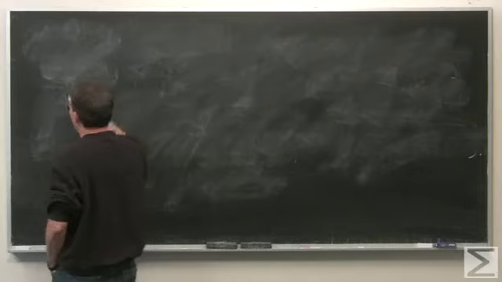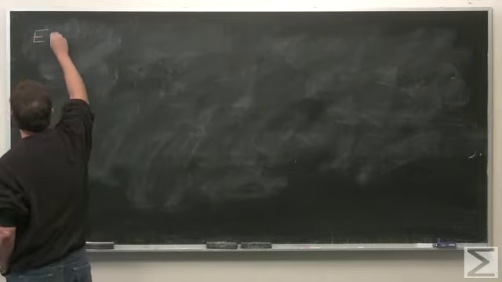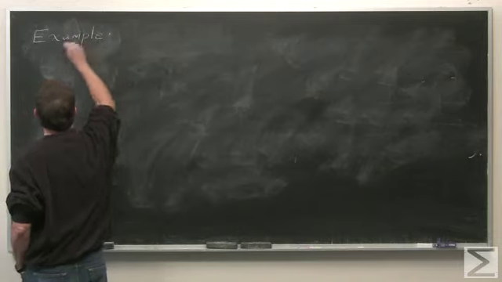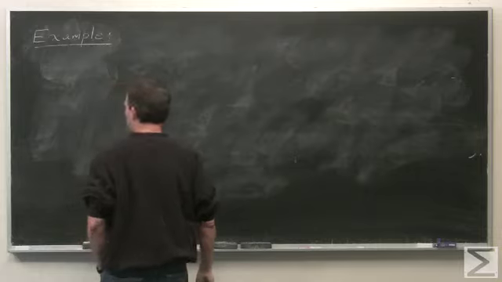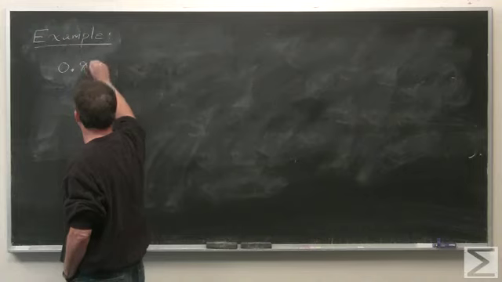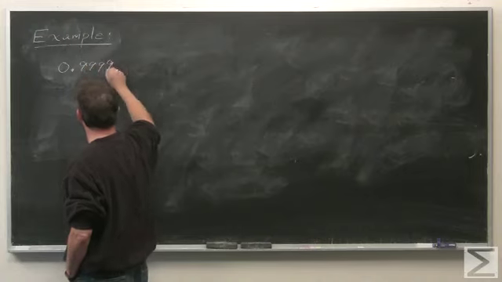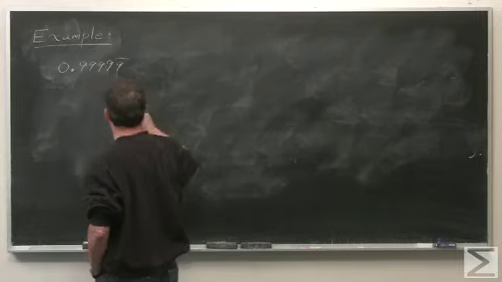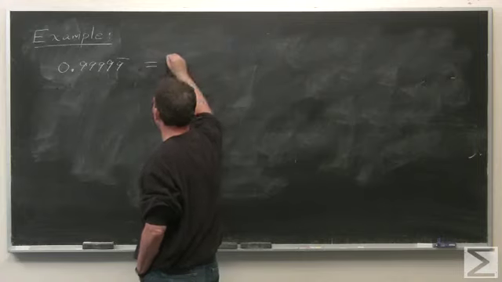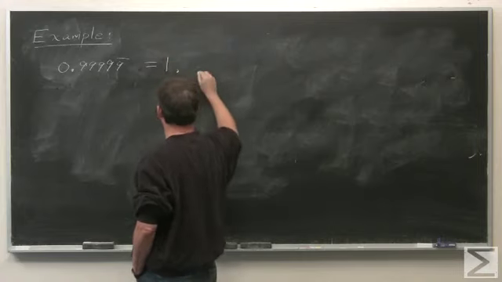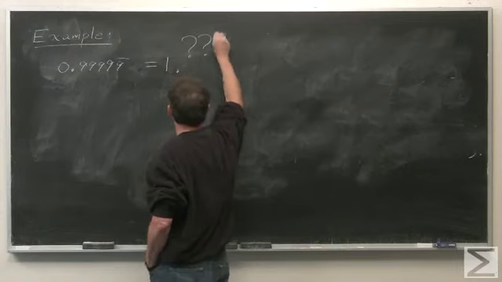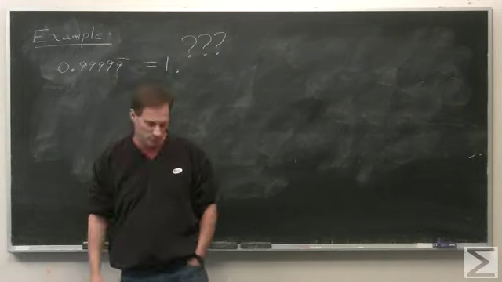You may or may not have heard before how repeating decimal expansions work. And probably the most bizarre one, and hopefully you've heard this before, is that 0.9 repeating, where the 9s never stop, equals 1. Now, if you've never seen this before, you should think, what?